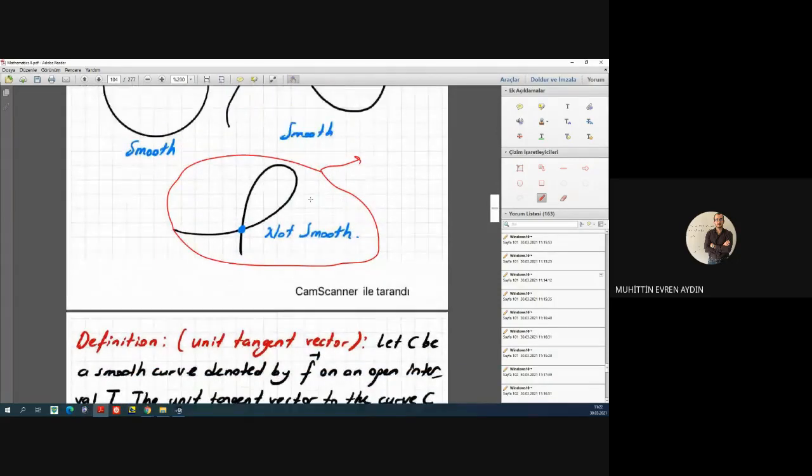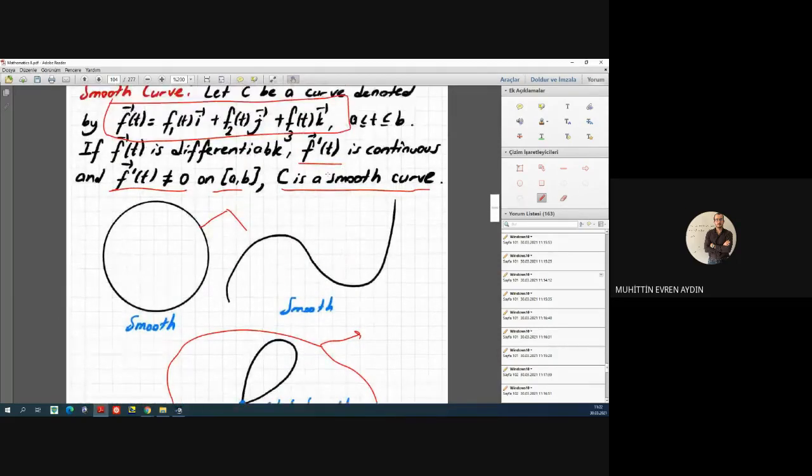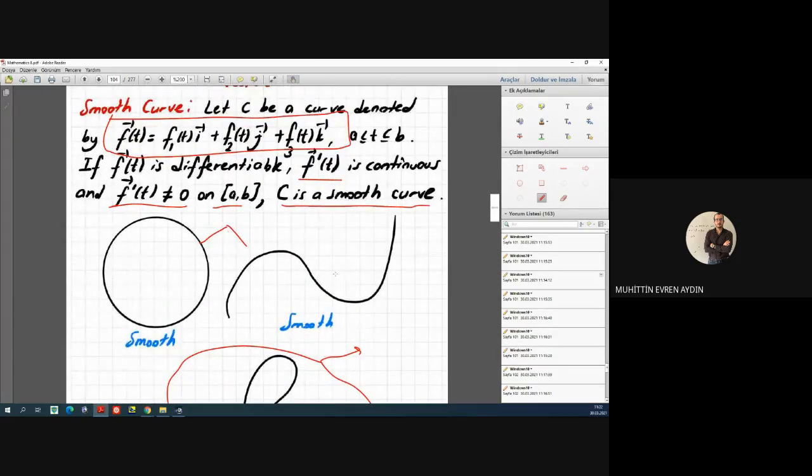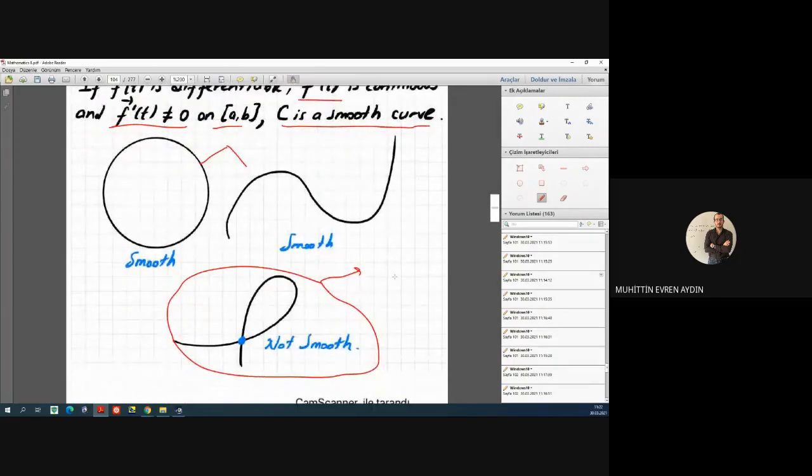So this figure says that the vector valued function f may be smooth, but is not, how to say in English, one-to-one.